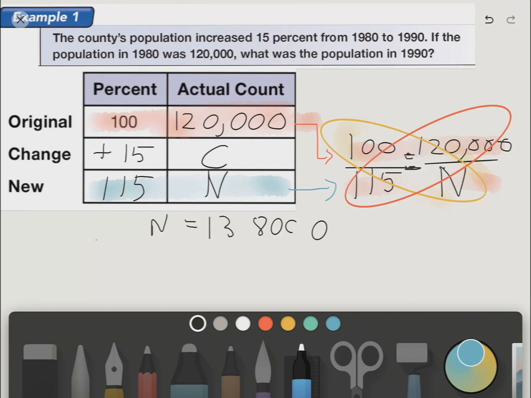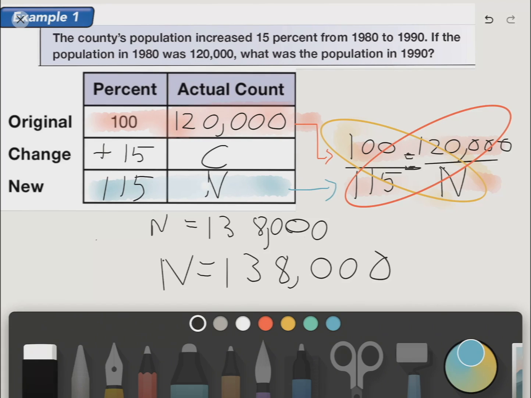I'll put in some new commas. Gets us n equals 138,000 people. And with that amount of information, you can even do a little bit of quick mental math to realize that 138 minus 120 is 18,000.